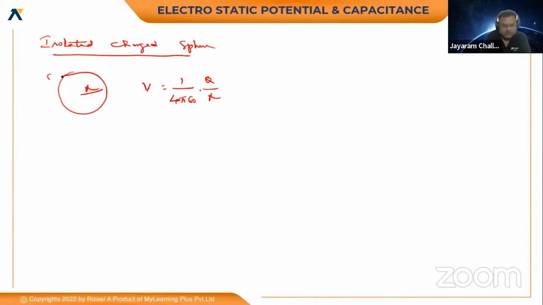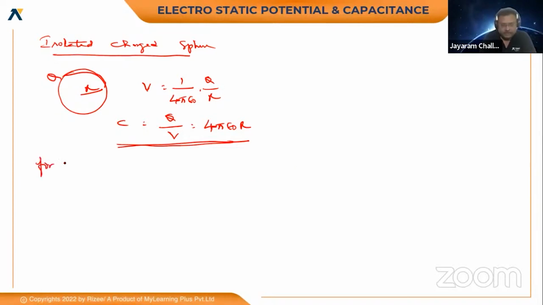The charge on this is q. So C is equal to q by v. Substituting v, you will get C equal to 4 pi epsilon naught into r. This is the capacity of a capacitor.